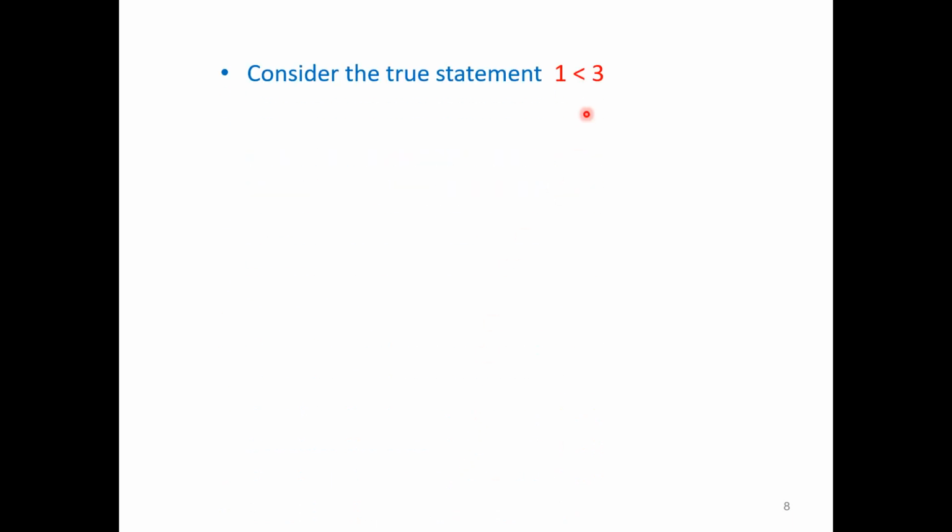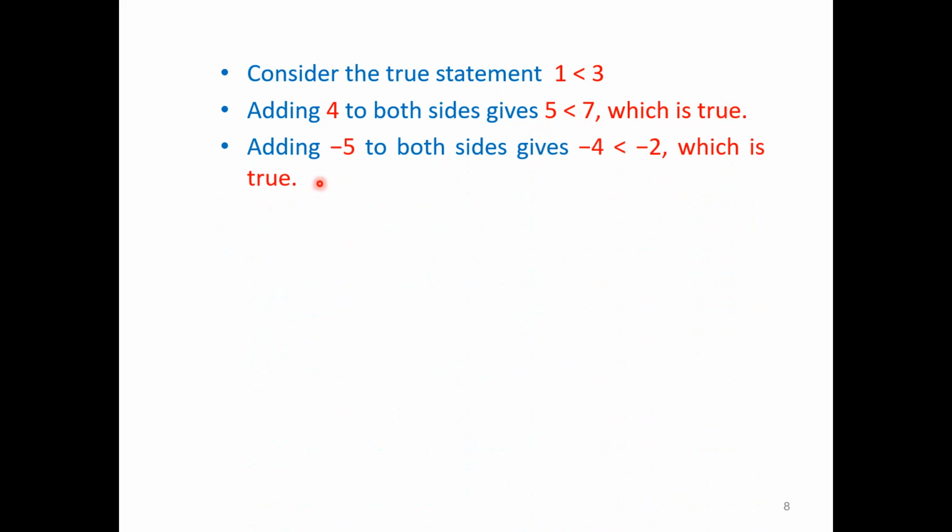Consider the true statement 1 less than 3. Adding 4 to both sides gives 5 less than 7, which is true. Adding -5 to both sides gives -4 less than -2, which is also true.